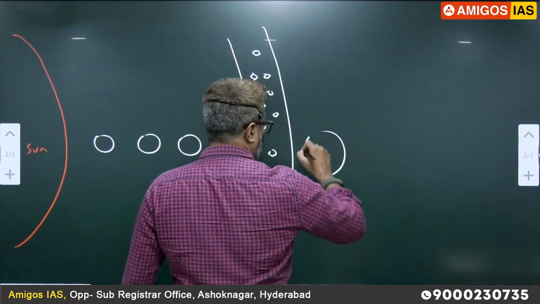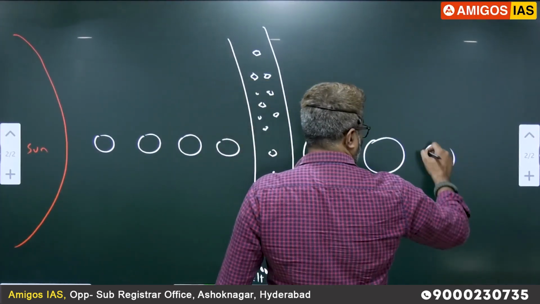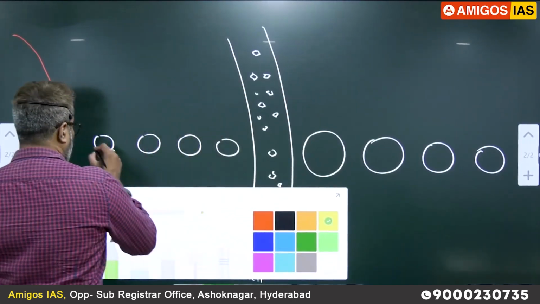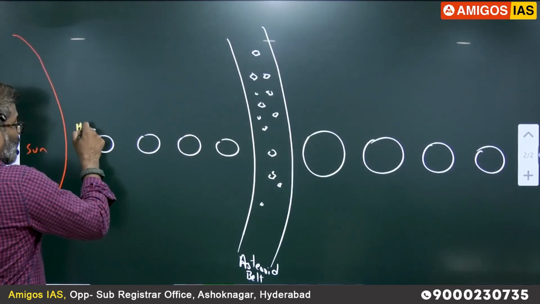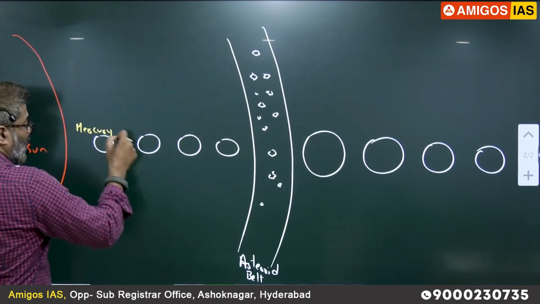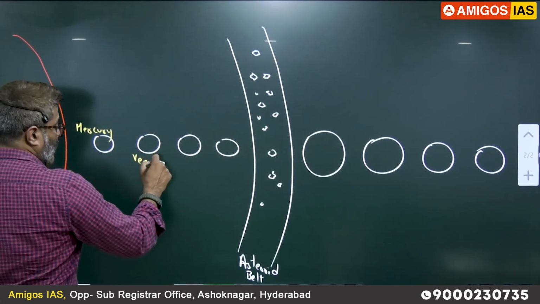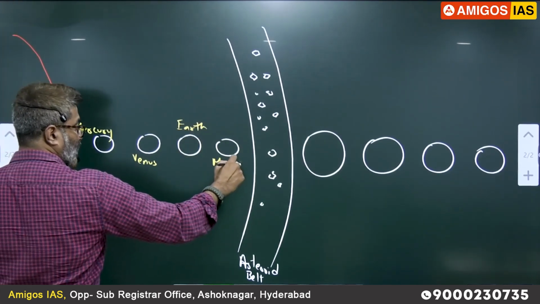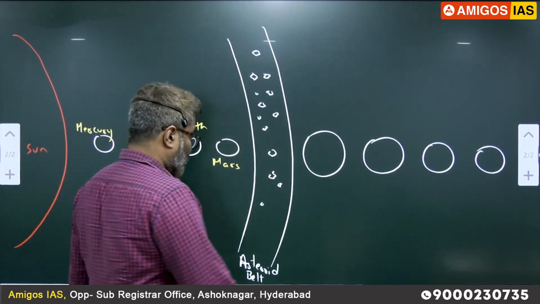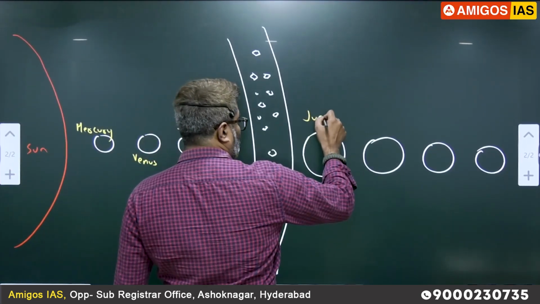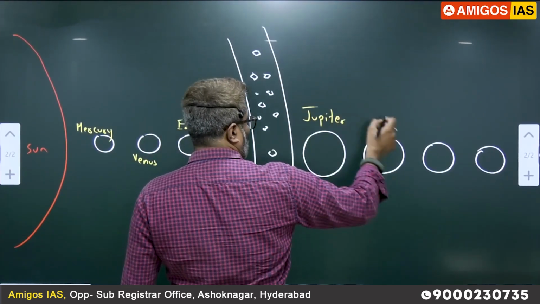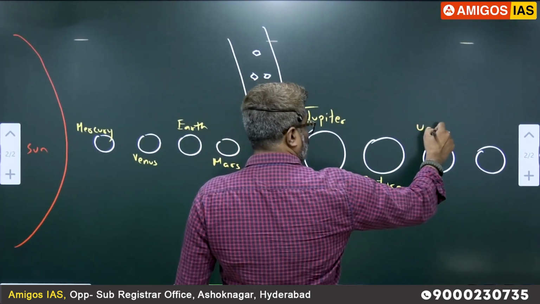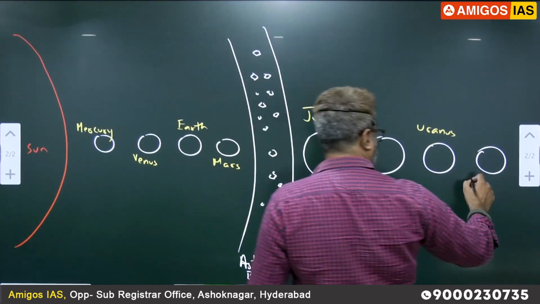This is Jupiter, Saturn, Uranus, Neptune. I'll write the names also: Mercury, Venus, Earth, Mars, Jupiter, Saturn, Uranus, Neptune.